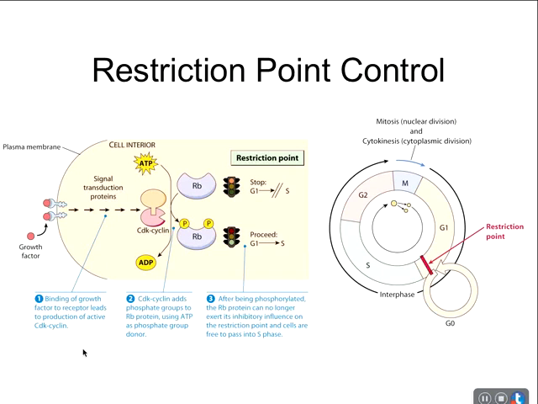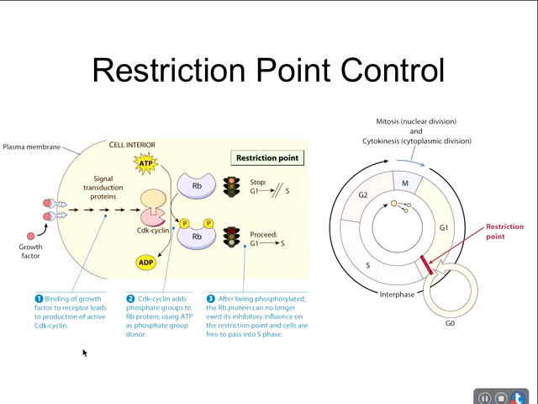So phosphorylated RB is inactive and can't inhibit the progression, inhibit entry into S phase.